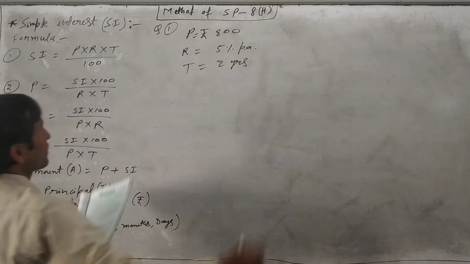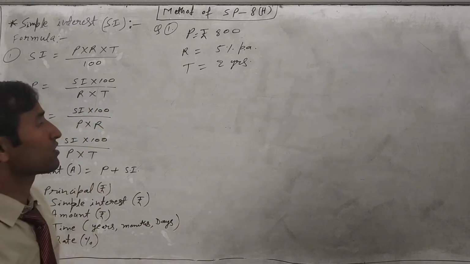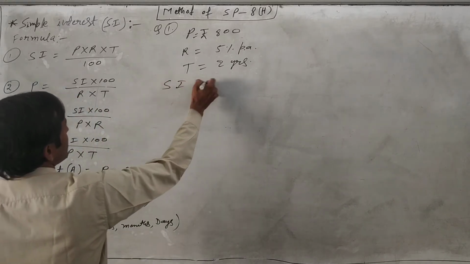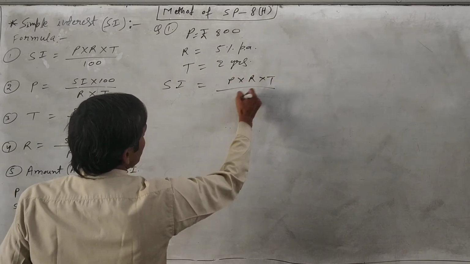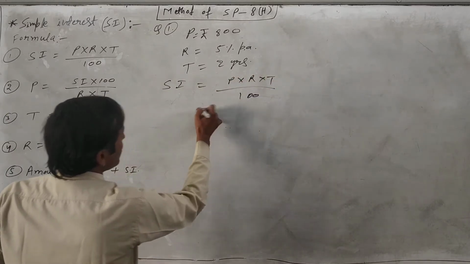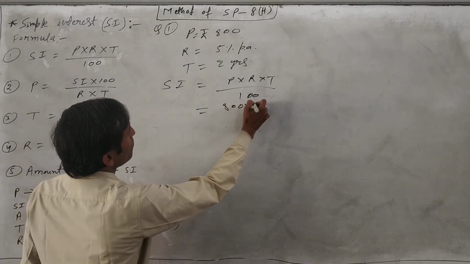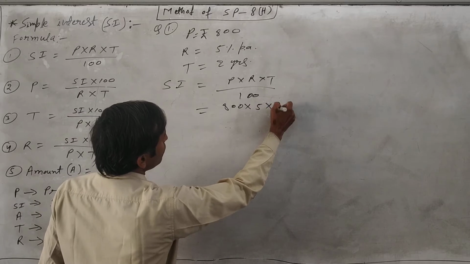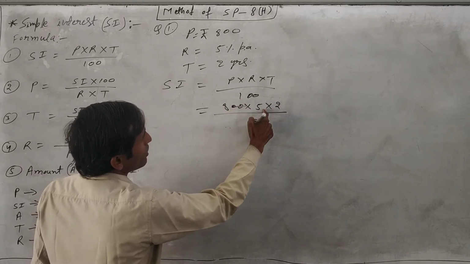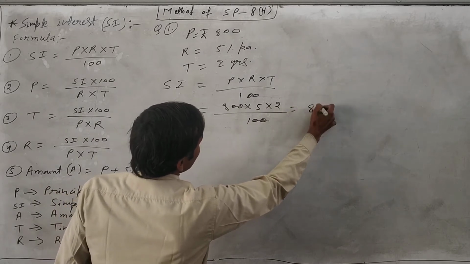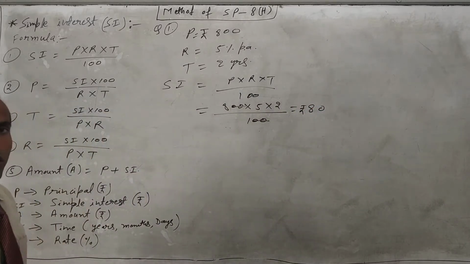Here P, R and T are given, and we have to find SI. So SI is equal to P into R into T upon 100. In place of P we put 800, in place of R we put 5, in place of T we put 2. Now we cancel out the two zeros: 8 5s are 40, into 2, 80 rupees. So simple interest charged will be 80 rupees. This is the final answer.